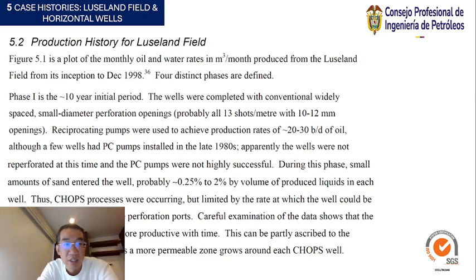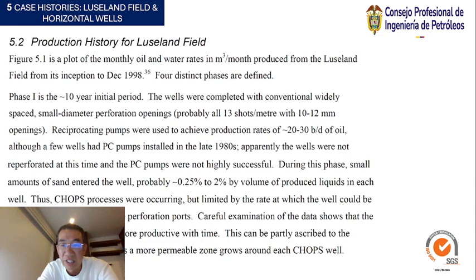During this phase, small amounts of sand entered the well, probably 0.25% to 2% by volume of produced liquid in each well. Thus, CHOPS processes were occurring, but limited by the rate at which the well could be produced and by the size of the perforation ports.